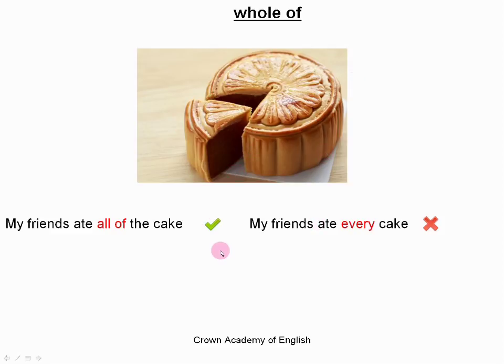However, instead of talking about the cake itself, if we talk about a slice of the cake, then yes, we can now say my friends ate all the slices of the cake. Okay, and in this case, we use the word all and then the plural, like we saw at the beginning.